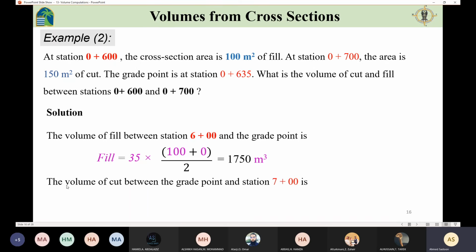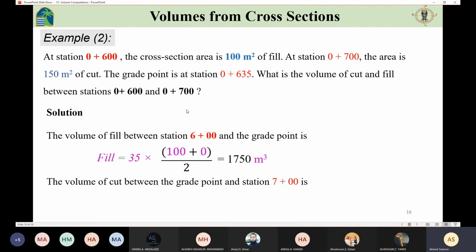Then we are going to determine the volume of cut. The volume of cut is going to be between the grade point and this station, 0 plus 700. And again, the area here at the grade point is going to be 0, and the area at this station is going to be 150 meter squared.